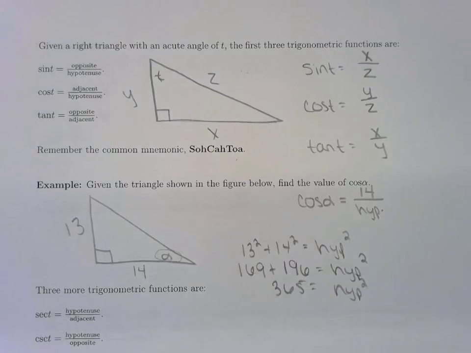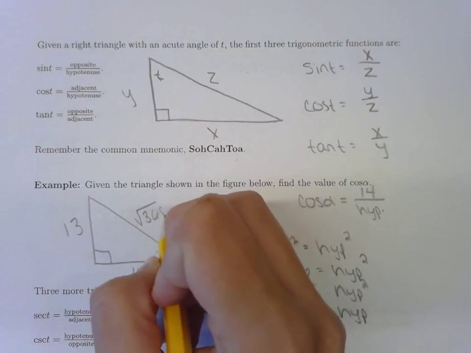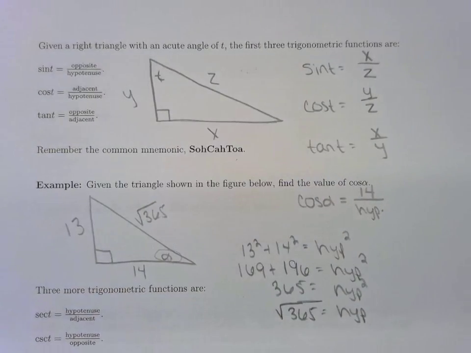Let me see if we can reduce 365. So the square root of 365 is the hypotenuse. I'm trying to figure out if we can reduce this any, which I don't think we can. We can't get 25 to go into that.